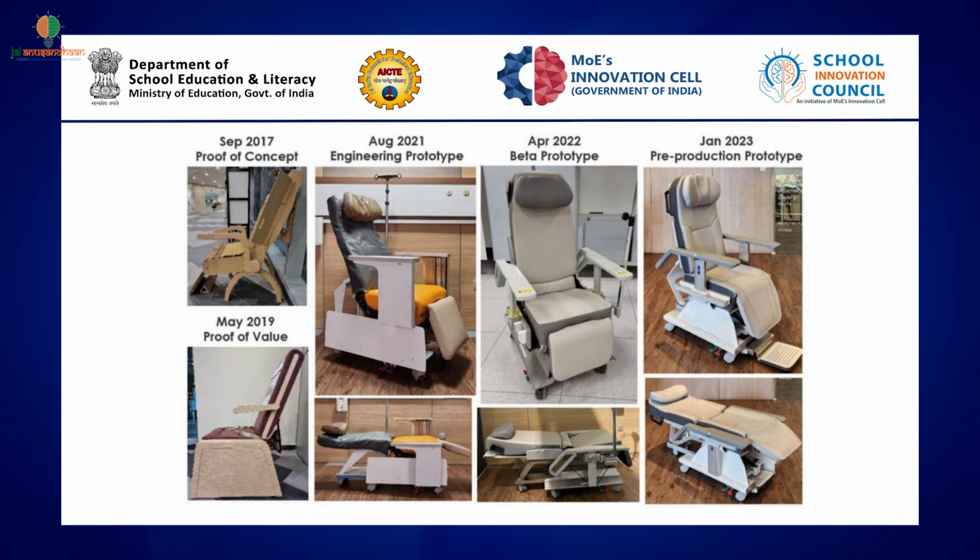Similarly, others have gone through similar journeys where they started with a proof of concept, where they built a chair, a medical kind of chair, using cardboard, and then slowly with every step they evolved the prototype, added various features, various engineering aspects, comfort related aspects, look and feel related aspects, arriving at the pre-production or almost final prototype.